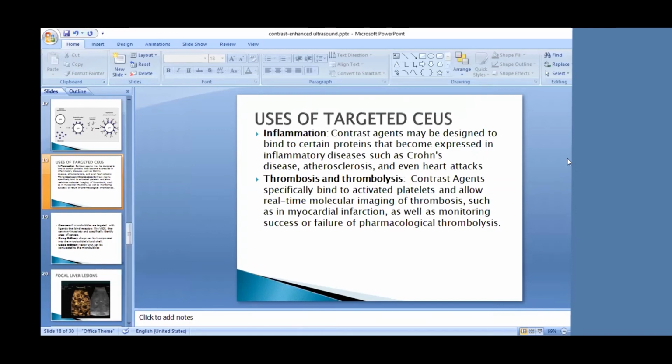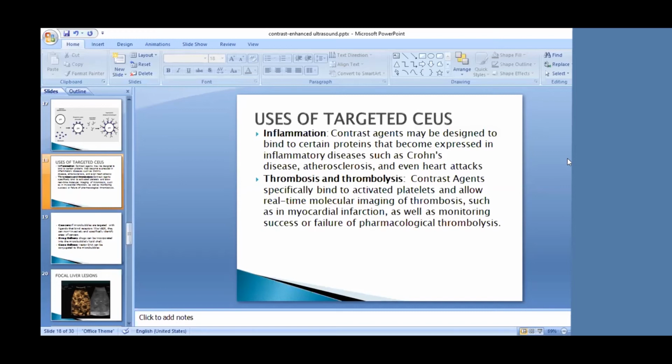Okay. What are the uses of this targeted enhanced ultrasound? First, you have inflammation. Contrast agent may be designed to bind to certain proteins that become expressed in inflammatory disease, such as Crohn's disease, atherosclerosis, even heart attack. Meaning we are suspecting Crohn's disease, okay?